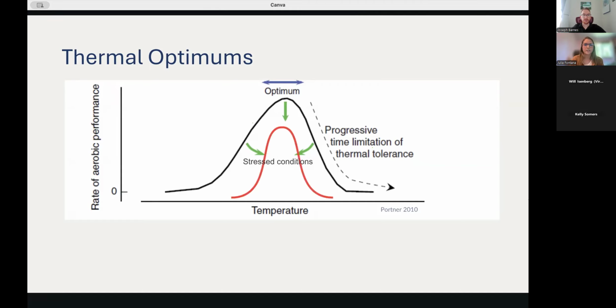But under stressed conditions, we might see this optimum decrease and this thermal window close in. So we'll have less of this temperature range that we're able to sustain, and aerobic performance at a temperature which might have been our optimum may be lower and reduced.